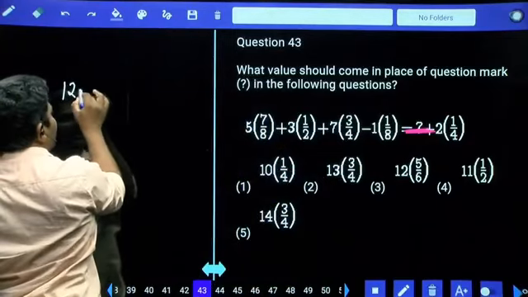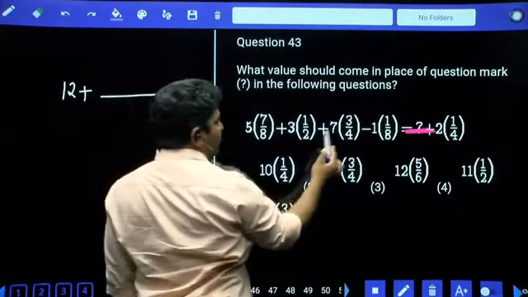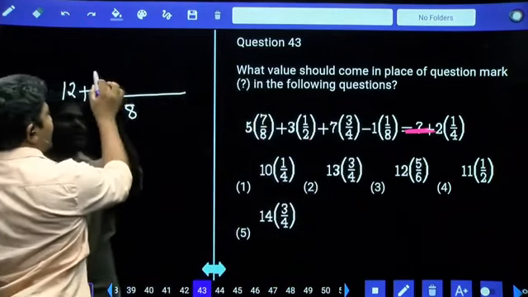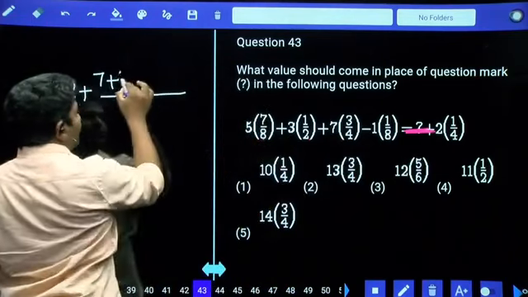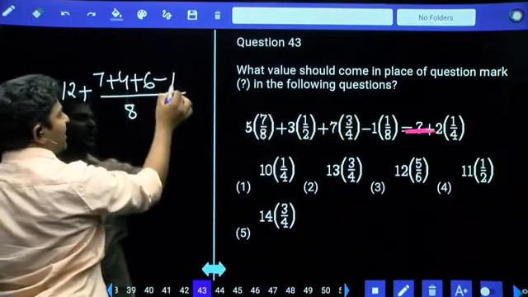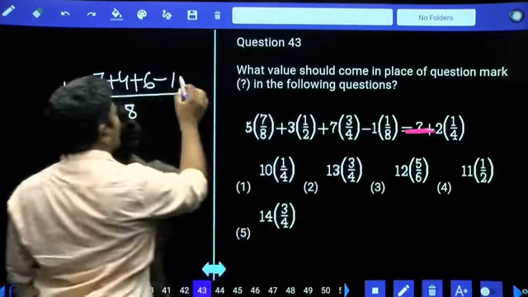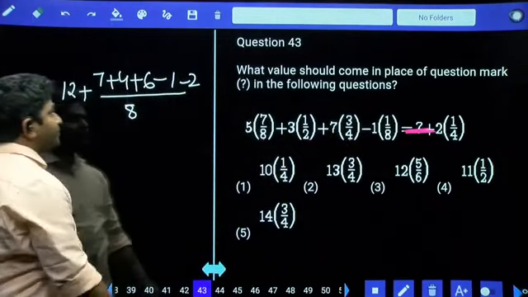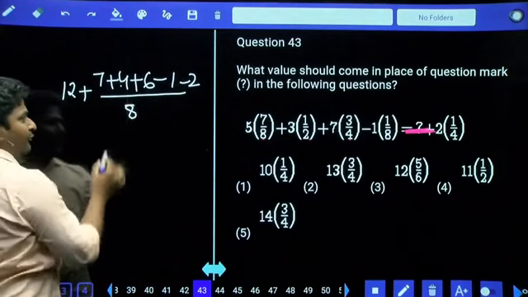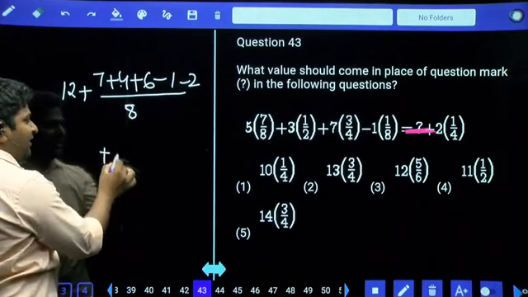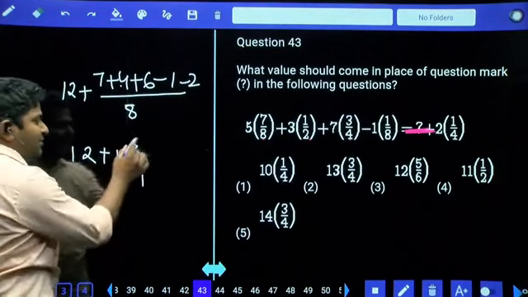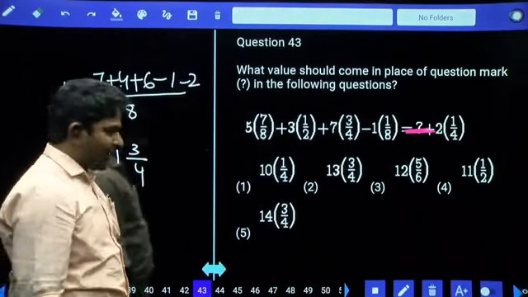And then for all the denominators, 8, 2, 4, 8, 4, LCM is equal to 8. 8, 7 times here, 2, 4 times, 4 2s, 2 into 3, 6, minus 8 1 times, 4 2 times, that is minus 2. 17 minus 3, 14, 14 by 8 in the sense that can be written as 1, 6 by 8, that is equal to 3 by 4. 12 plus 1, 3 by 4 in the sense 13, 3 by 4, second option answer.